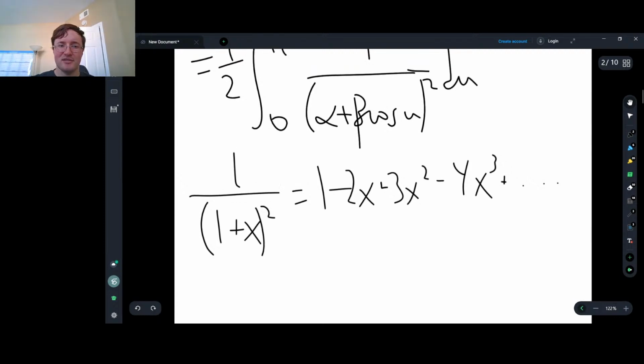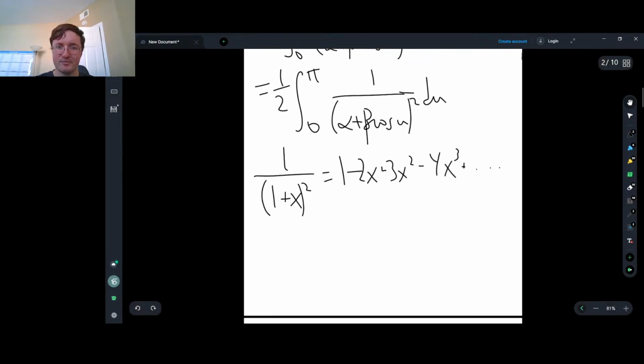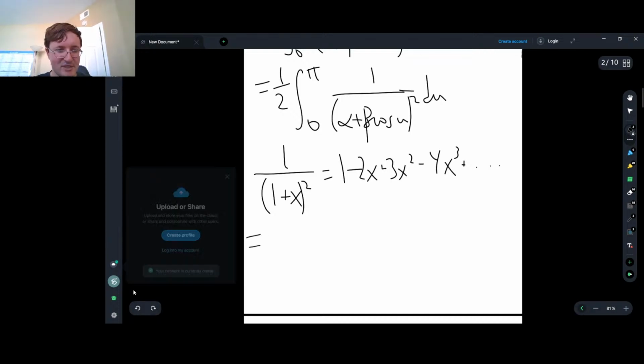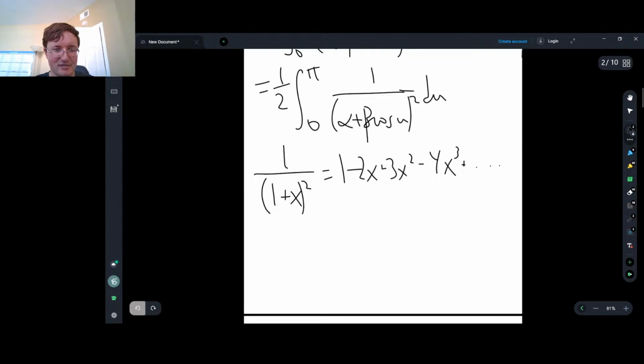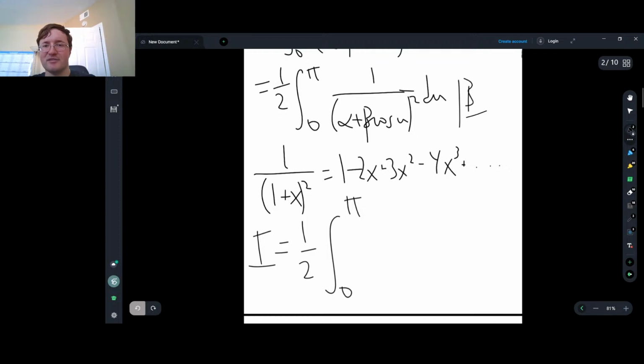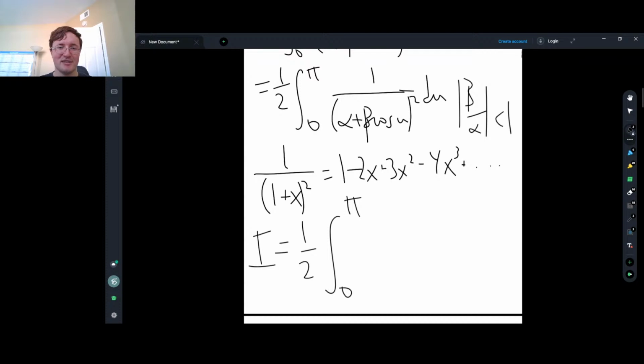So this integral will become, so I'll write I for the integral. So it's 1/2 integral from 0 to pi of, now beta over alpha has to be less than 1 in absolute value, otherwise I'm going to have a problem when I hit cosine equals plus or minus 1. So I'm going to expand this out. So this is within the radius of convergence.